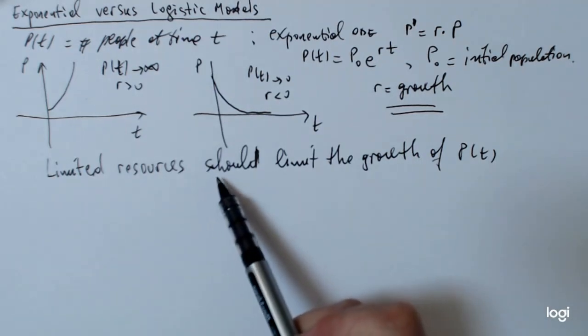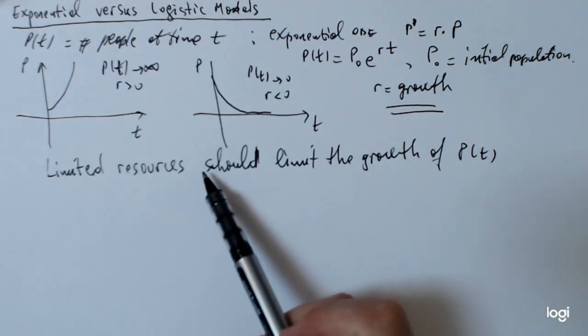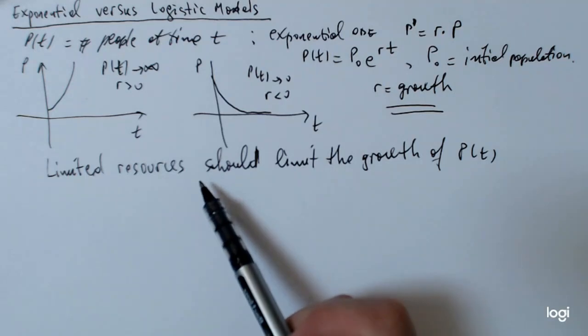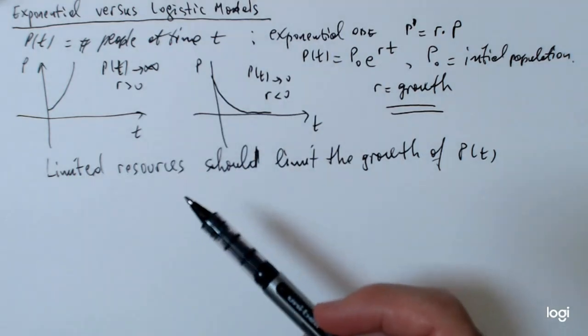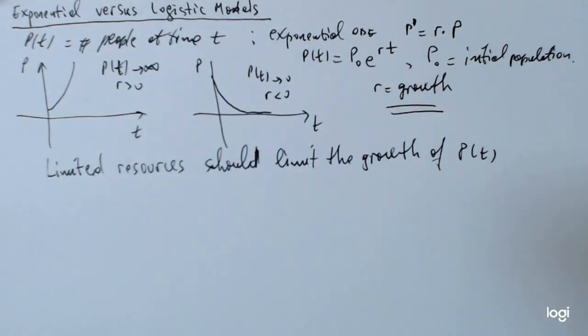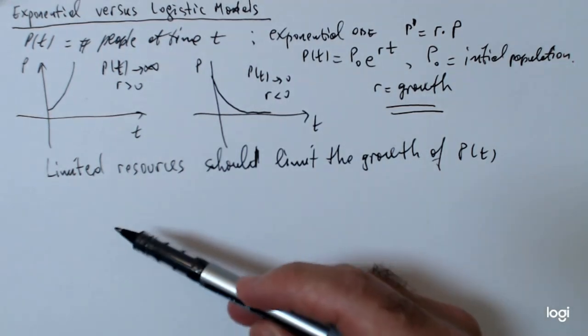Now, while the population growth should be limited, how much that upper limit is depends on the situation, and that may change from time to time. For instance, in the case of human populations, modern agriculture means you can produce more food cheaply. So that upper limit right now for sure is bigger than it used to be in the past when food production was much less efficient.